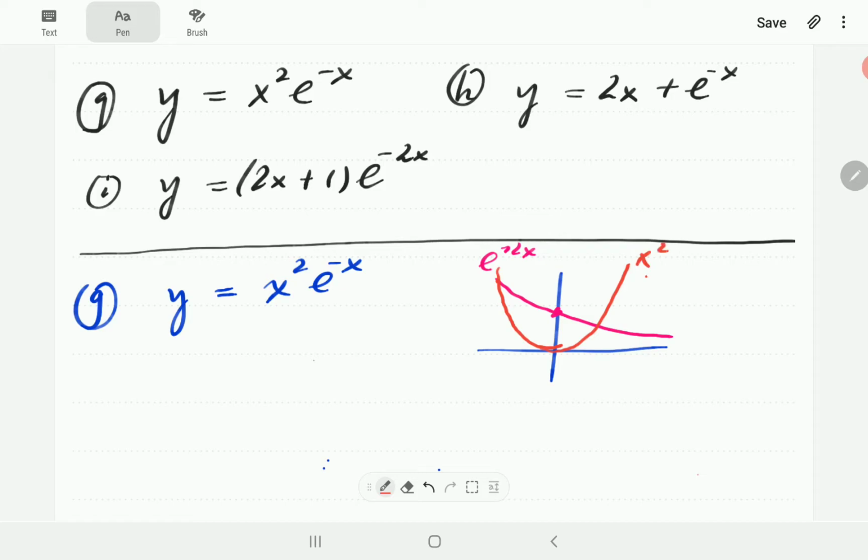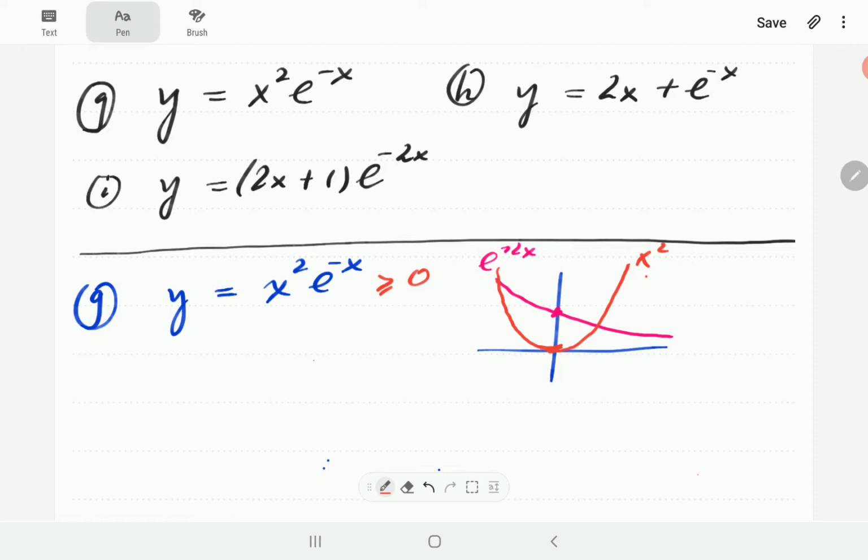The first thing we notice is that both of these functions are non-negative everywhere. For x squared, when x is 0, it's going to be 0. So we expect that this function is typically going to be greater than or equal to 0.